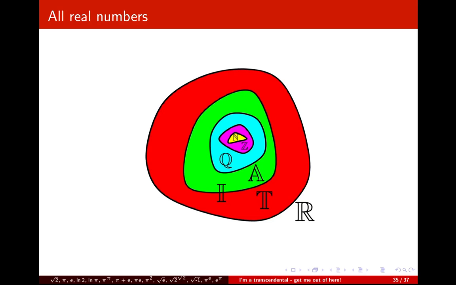But we've also seen transcendental numbers, pi and e, and many others so far, which are both irrational but are not algebraic, in the red zone, because they're not solutions of polynomial equations with rational coefficients.